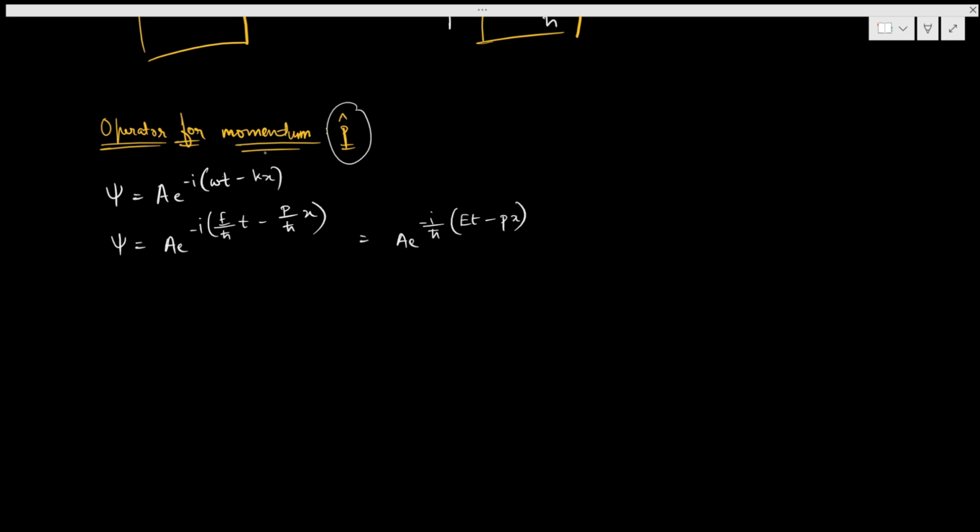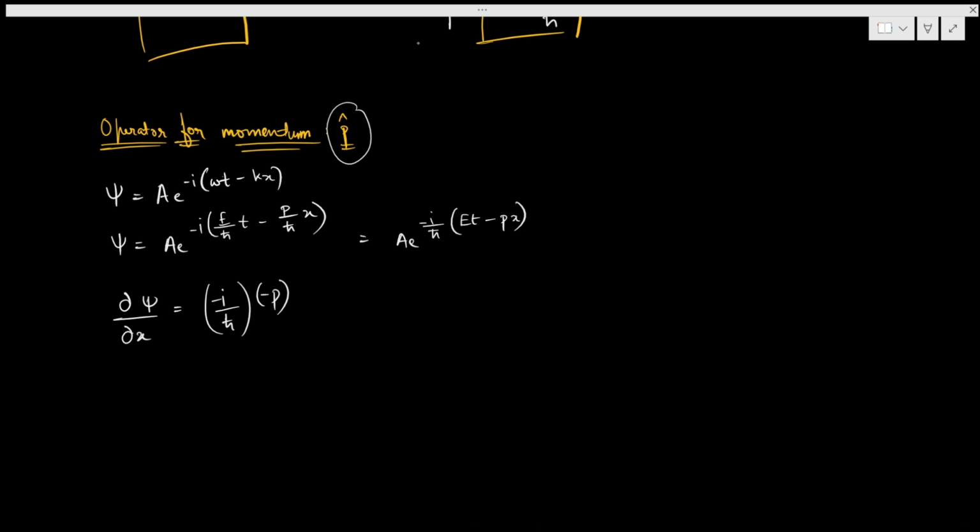So let's differentiate the wave function here. Let's partially differentiate with respect to x. So dou by dou x of psi is equal to, let's see, that would be minus i by h cross into minus p into a into e to the power minus i by h cross, or I can just rewrite this as psi.